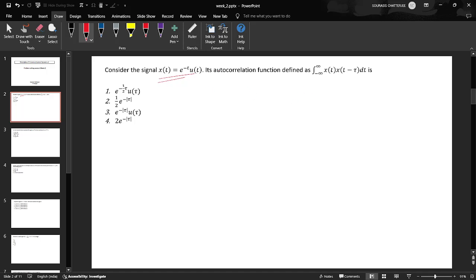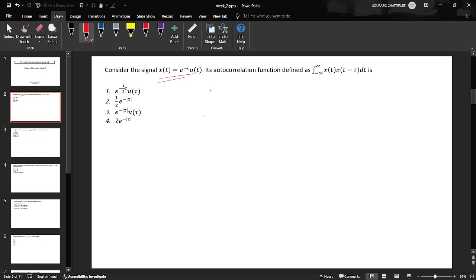Let me write down the mathematical expression for the autocorrelation function first, then we will intuitively see what it exactly signifies apart from the mathematical formula, because formulas are easy to forget, but once you understand the concept behind them you will be able to appreciate it better.